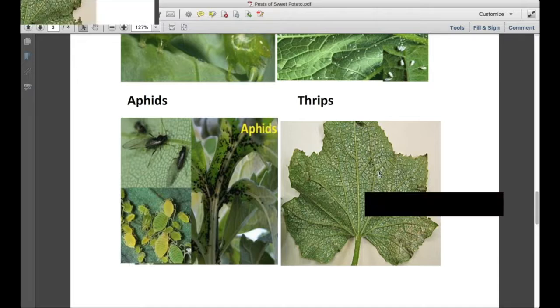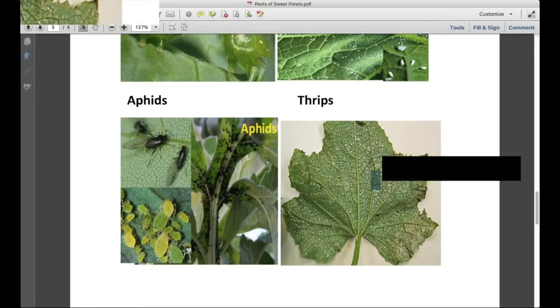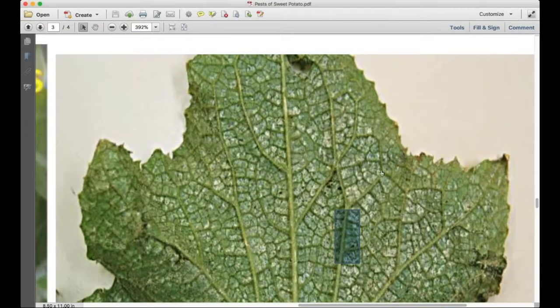As you can see here, I'm just trying to zoom in on this one. You see a patchy, white silvery damage when it is infested with thrips. And also the key thing is the folding of the leaves.